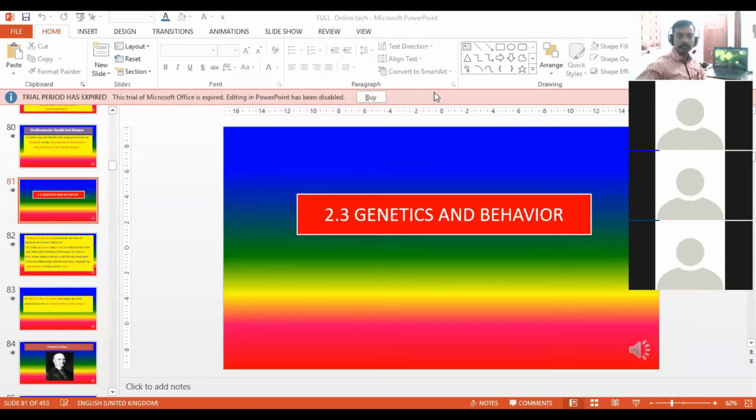Imbalances cause diseases: communicable, non-communicable, as well as mental illness.